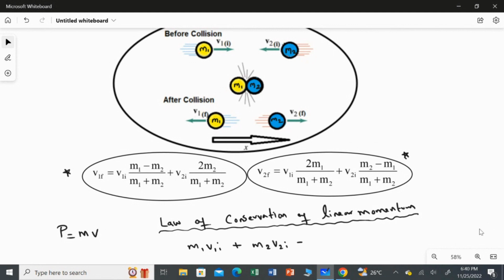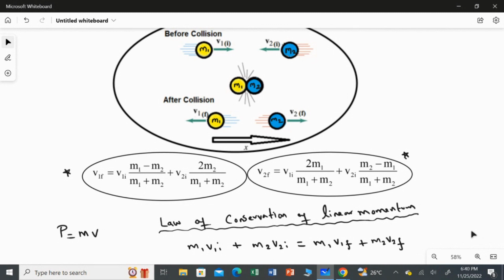Okay, which is equal to after collision. So what is in the after collision? m1 multiplied by v1 final plus m2 v2 final, right?